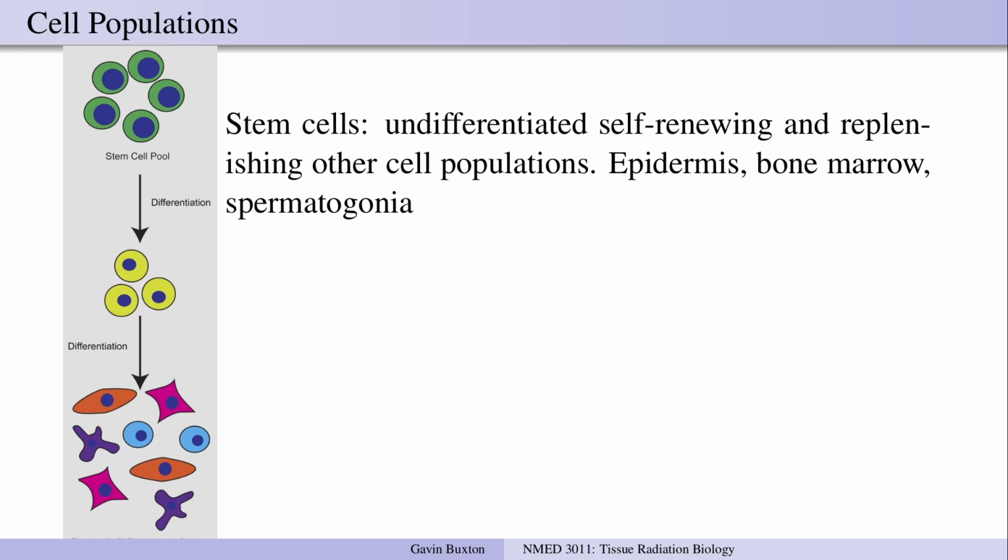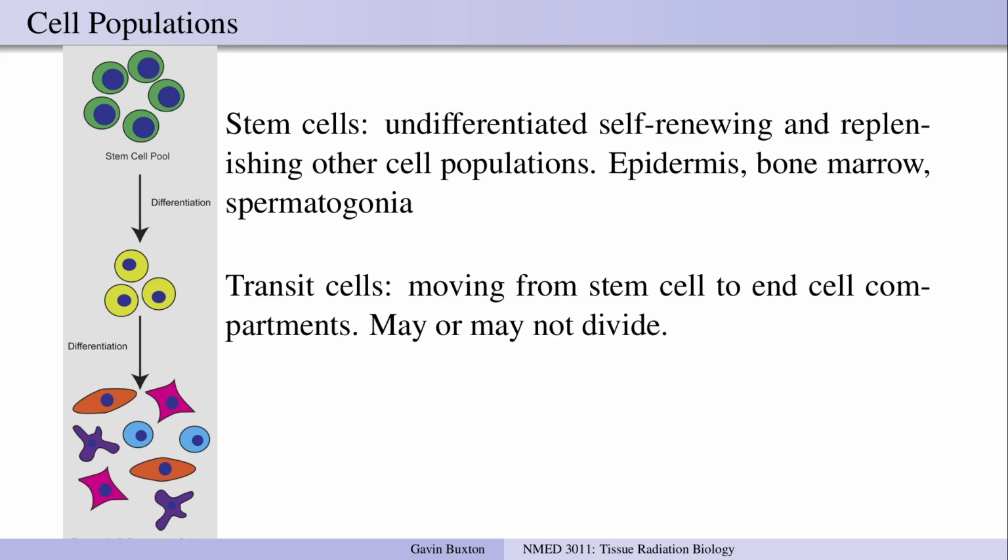Examples might include epidermis cells at the base of the basal layer, cells in the bone marrow that are going to go on and create red and white blood cells, cells in the crypts of Lieberkühn in the intestines, and spermatogonia, which we just talked about.